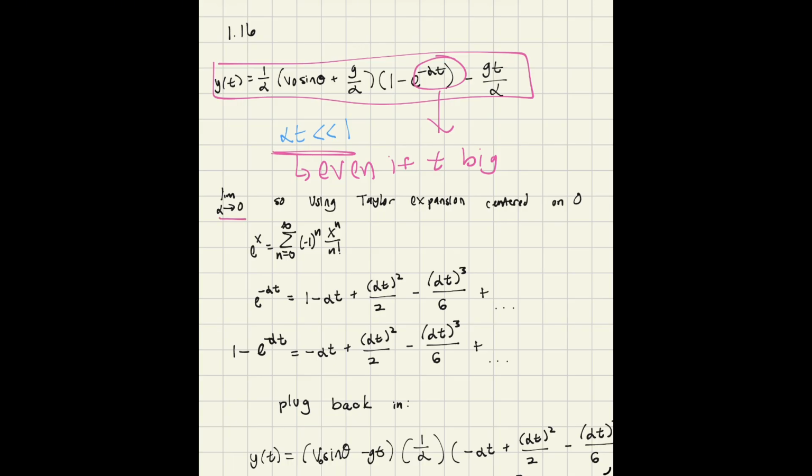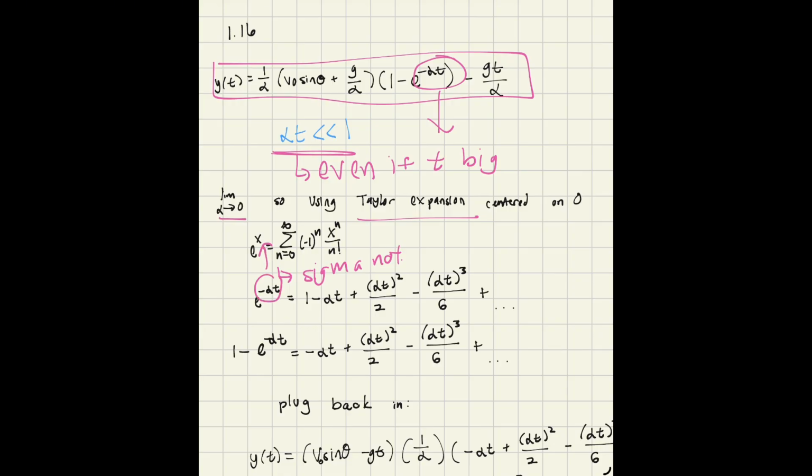Because of this, we can use a Taylor expansion centered around 0, which approximates small alpha, or alpha close to 0. So e to the x in Taylor expansion, in sigma notation, is the summation from n equals 0 to infinity of x to the n over n factorial. And our x in this case is negative alpha t.